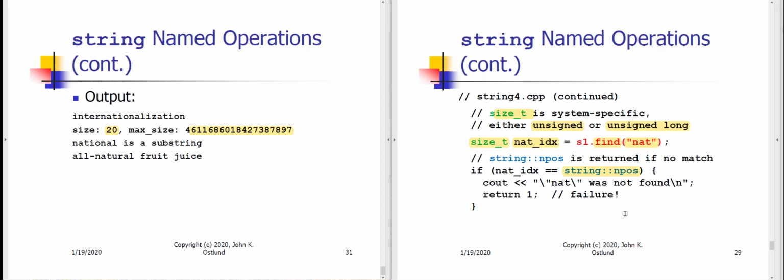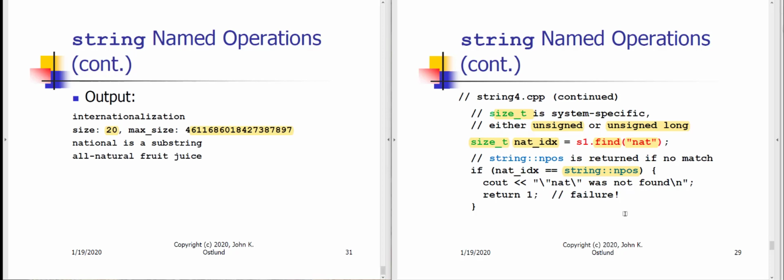Now, we can poke around in the string header and in various places to try to find out what the actual value of string::npos is for our compiler. But you should not actually do that.